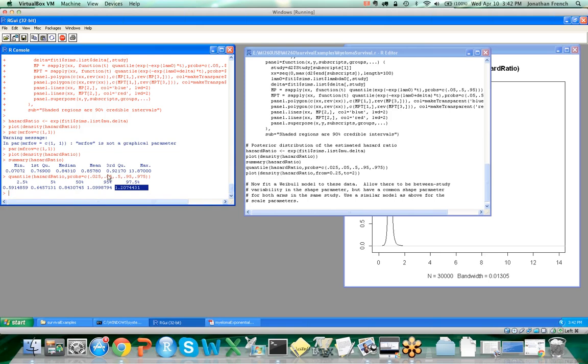Based on these 5 studies, there's maybe some evidence that the central tendency of our posterior is less than 1, but if we wanted to calculate say a Bayesian p-value, we might look at what is the posterior probability that the hazard ratio is less than 1.